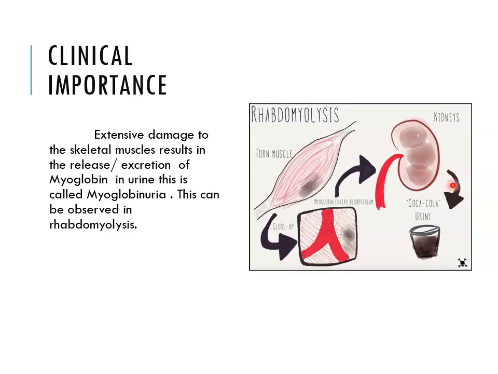This is called myoglobinuria. This can be observed in rhabdomyolysis. Rhabdomyolysis means the breakdown of striated muscles that include skeletal muscle as well as cardiac muscle. So myoglobin levels increase even in cardiac muscle injury.